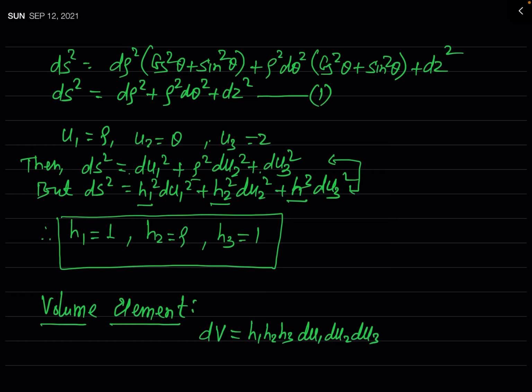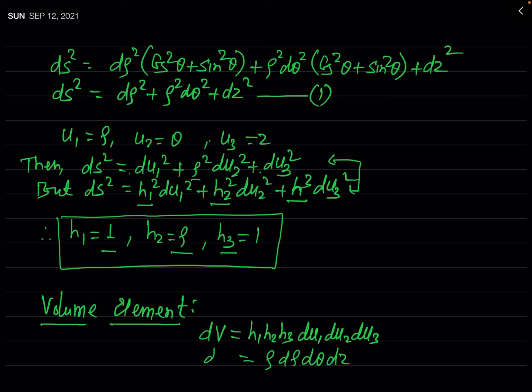If you want the expression for volume element particularly in the cylindrical coordinate system, you can see the values of the scale factors: h1 is 1, h2 is rho, h3 is 1. So dv will be equal to rho, and du1, du2 and du3 will be d rho, d theta and dz.